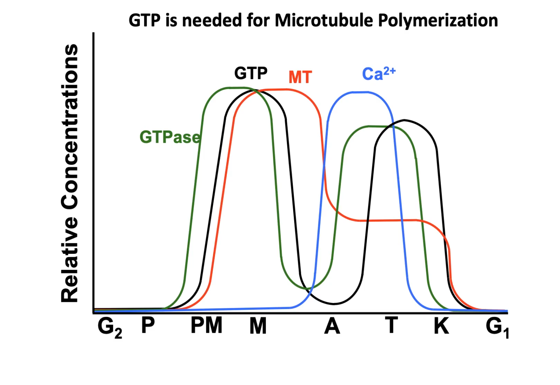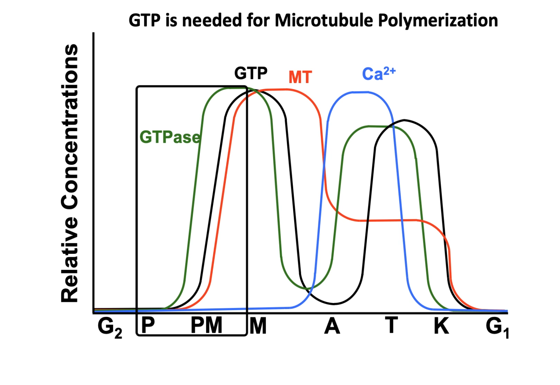When certain things are measured in a cell during mitosis, you can see some of these things occurring. So initially during prophase and prometaphase, the amount of GTPase is increasing, which causes the formation of more GTP. GTP is needed for the polymerization of microtubules, so that goes up, and so you see during prometaphase and metaphase an increase in the number of microtubules, which is the case.